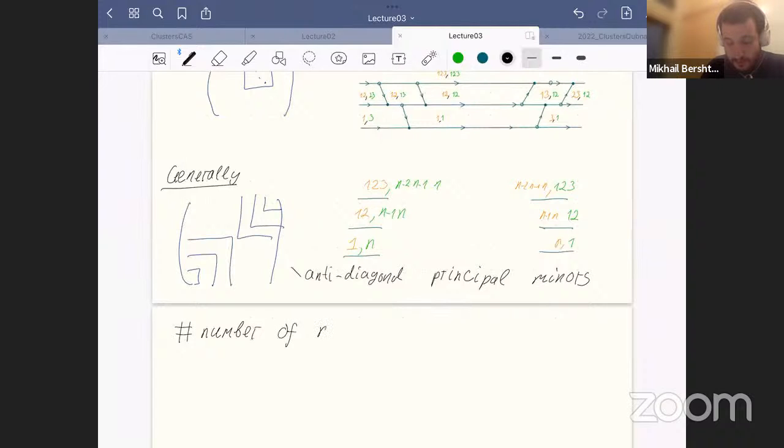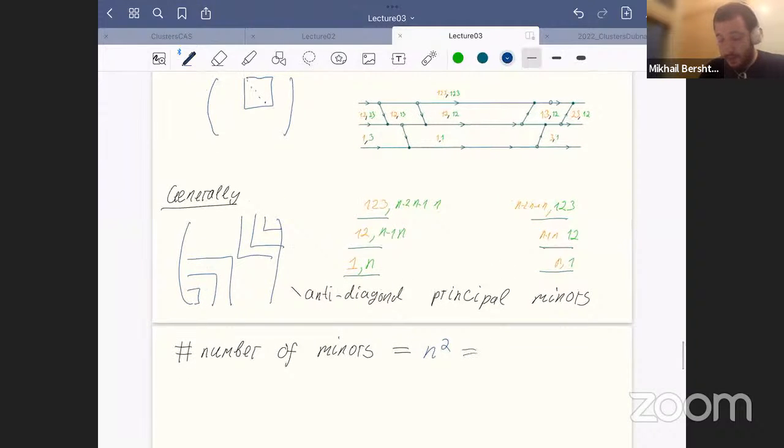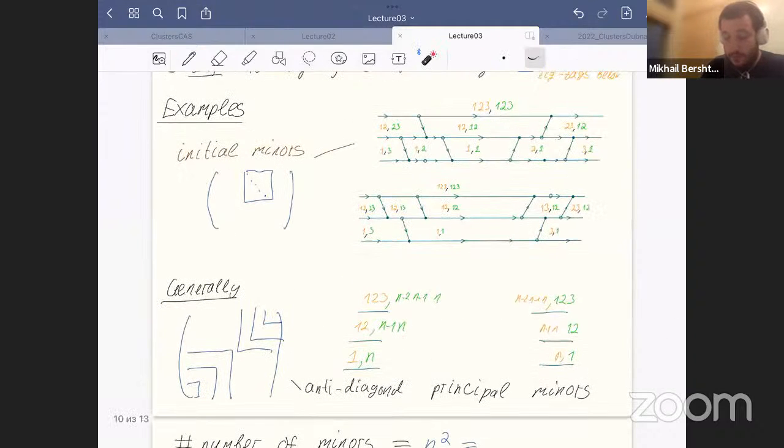So you can now guess the total number of minors. I think it is n squared. And why is it so? Because at the beginning, I mean before any edge, you have n faces, and then after each edge you close one face and open another face.